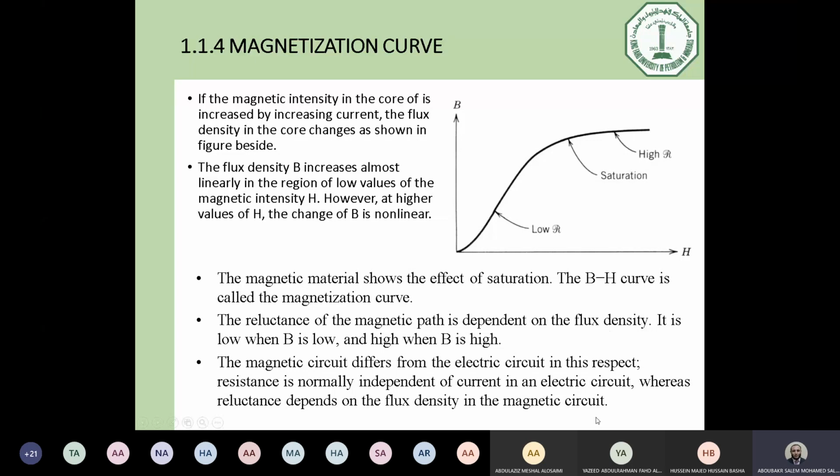As we described, we have this BH curve, and the relation between B and H is the permeability. Here the permeability is small because of the slope of the curve, and here it's called saturation, and here it's very high. So which place is better to operate, at high or small permeability?